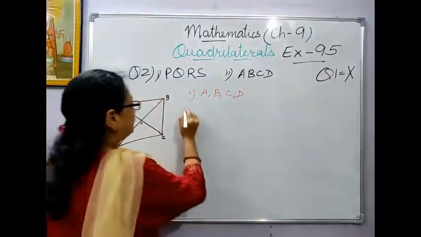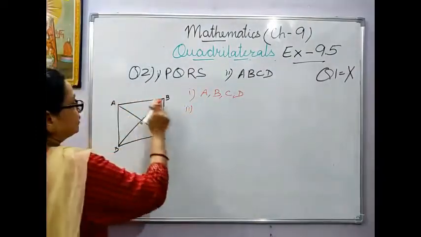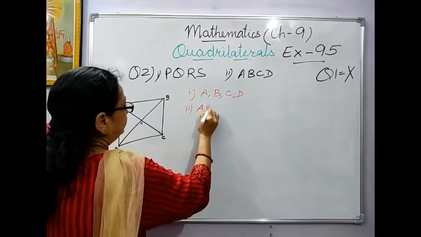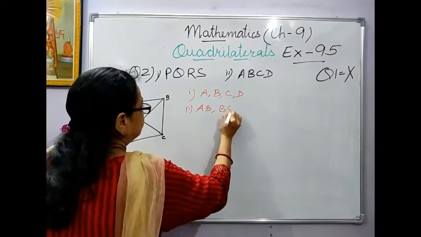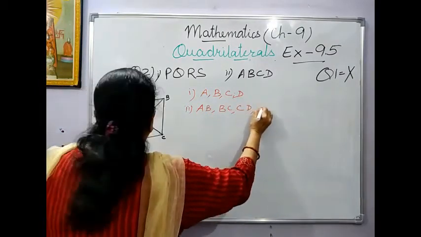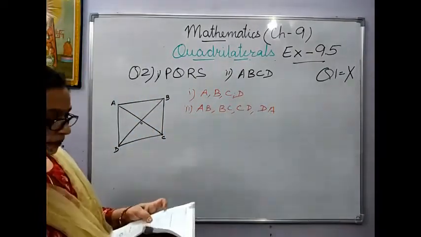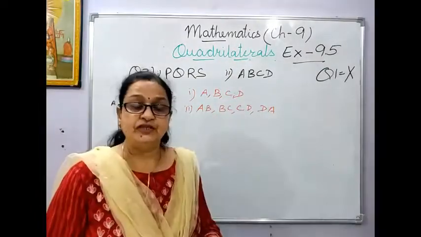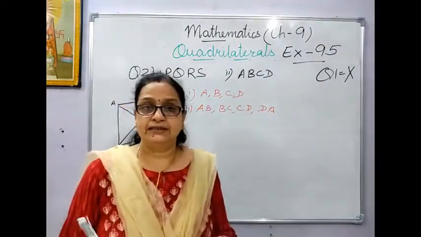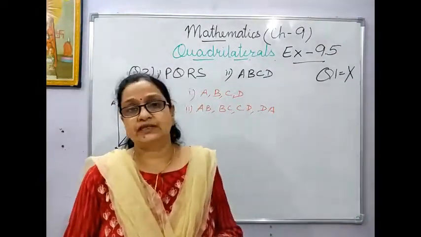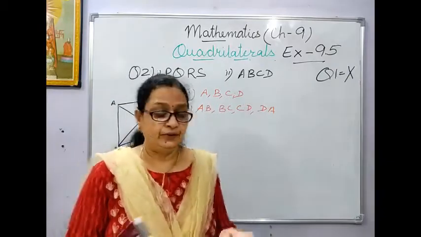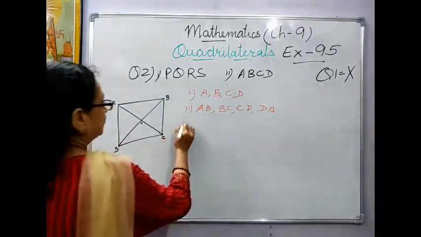Now you only have to name them. We'll start from here: AB, then BC, then CD and then DA. Then all the angles. Children, there are many angles in it. I'll show only some of them, the rest you will find out.